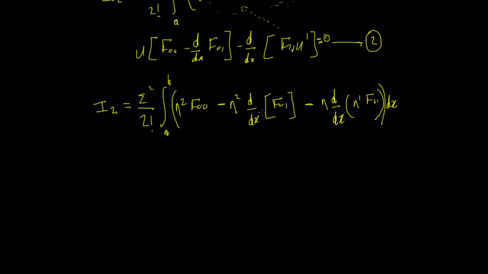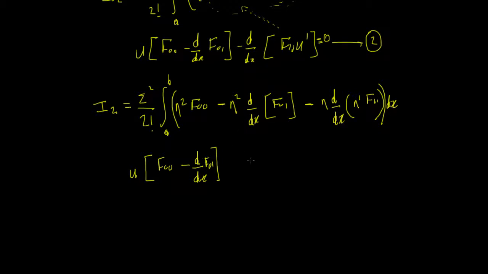Now let's look at this here, and we look at that there. I'll just write it below. We could write that u of f00 minus d by dx of f01.